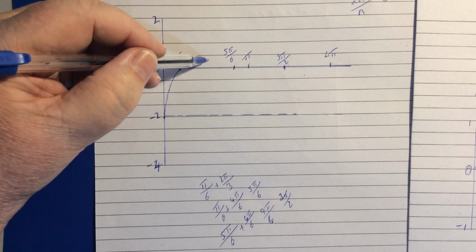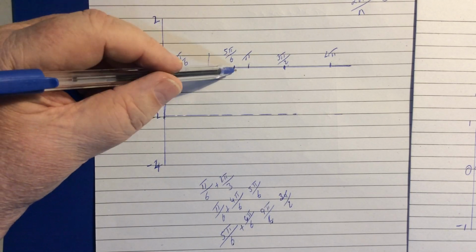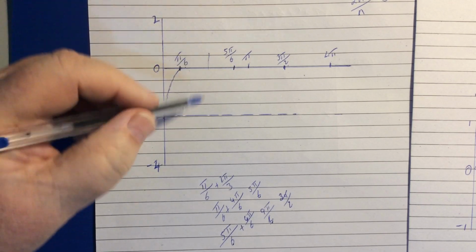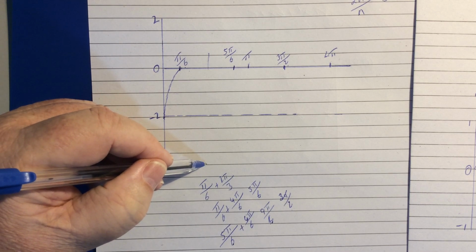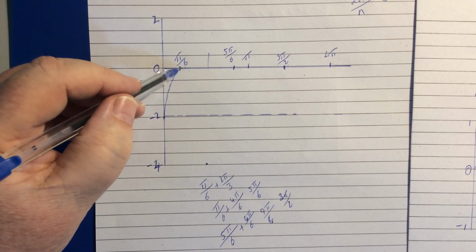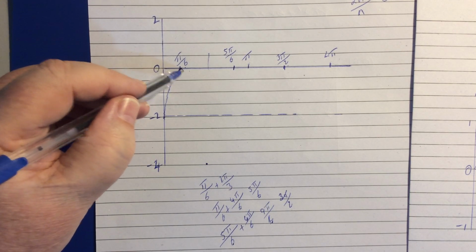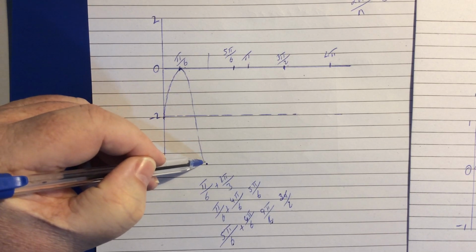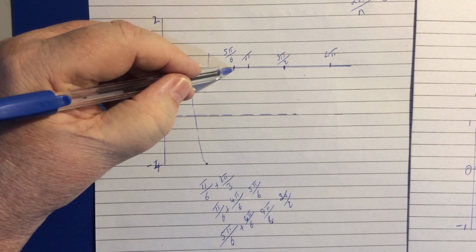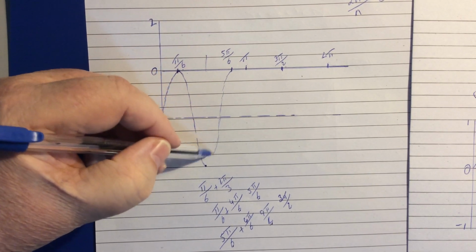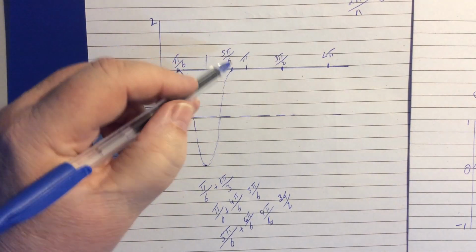I need to find a midpoint between these two values here. At the moment, I can just estimate that on the graph, but I will actually work that out. And so this graph goes down like this and passes through this point, and will come up to here and pass through this point.